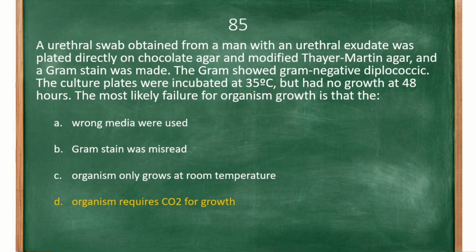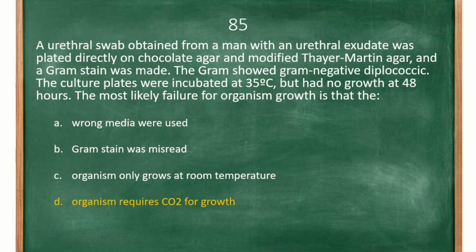If you look at option A, which is that wrong media were used, both chocolate agar and modified Thayer-Martin agar are appropriate for culturing Neisseria gonorrhoeae, because chocolate agar provides nutrients, and Thayer-Martin agar is also enriched and selective for the Neisseria species. Then option B says the gram stain was misread.